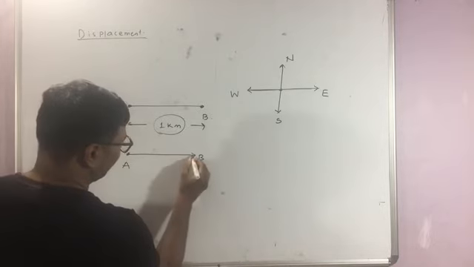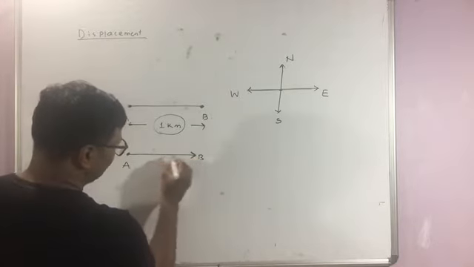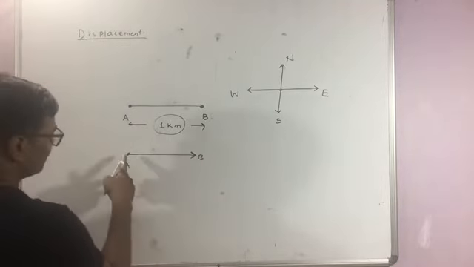If you change the direction, and move the same 1 kilometer along south, then you will reach another point D.